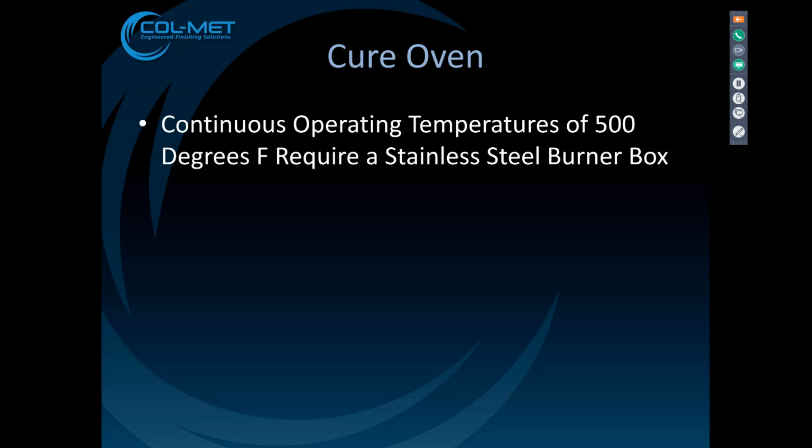We need to understand the continuous operation of the oven. If continuous operating temperatures are 500 degrees Fahrenheit or larger, we will need to incorporate a stainless steel burner box into the oven design. If it's below 500 degrees, we will use standard aluminized steel for the burner box.